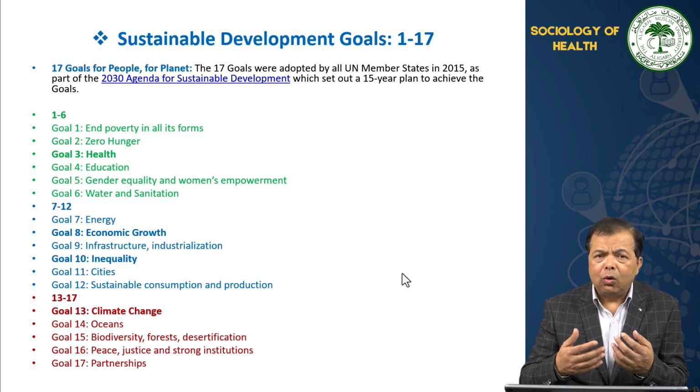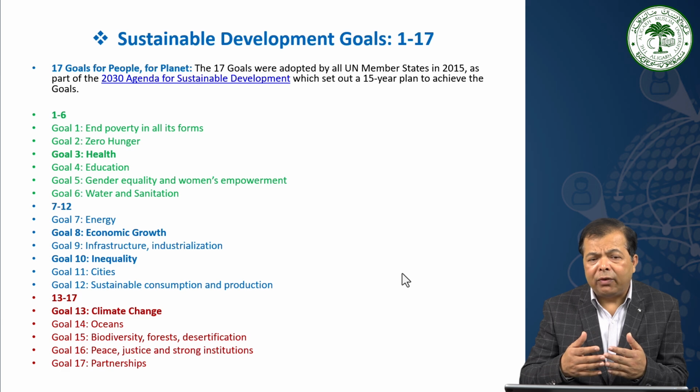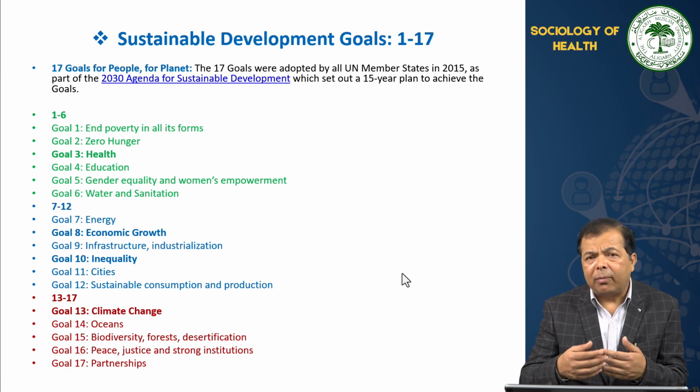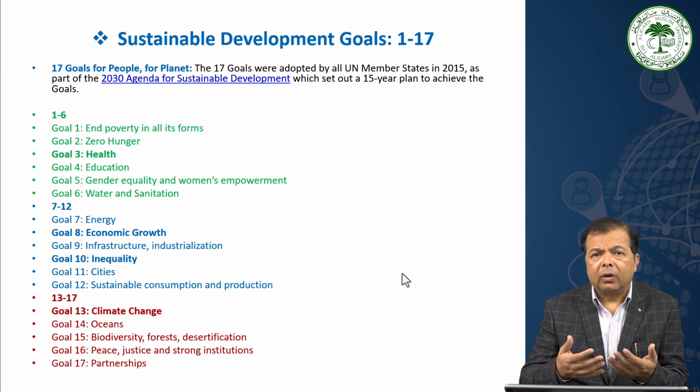So we need to look at things in their entirety. Biodiversity is very important. If we compromise with biodiversity, then we don't know what kind of thing may happen. Actually, we cannot predict, nobody can. So biodiversity and its preservation is very important.